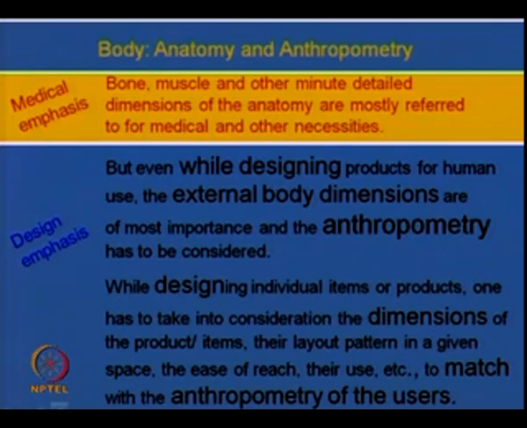Now, body anatomy and anthropometry. In this, the medical emphasis of our body dimension is that bone, muscles and other minute detailed dimensions of the anatomy are mostly referred to for medical and other necessities.